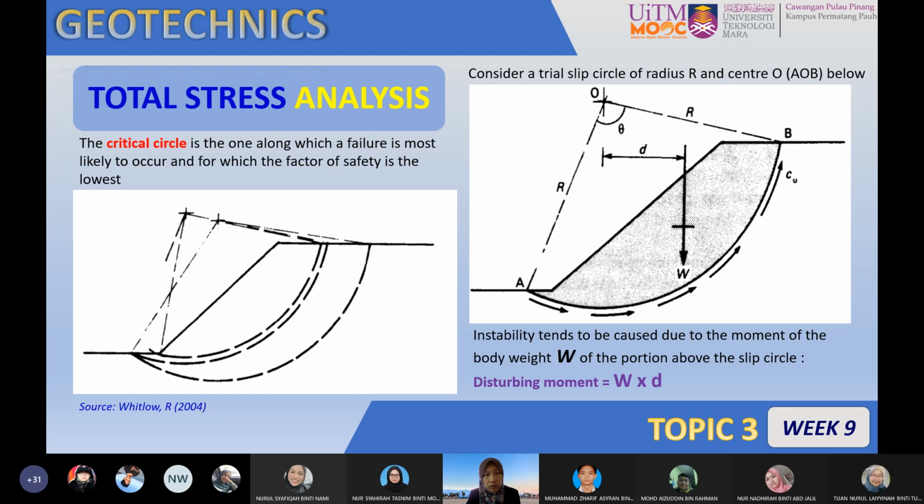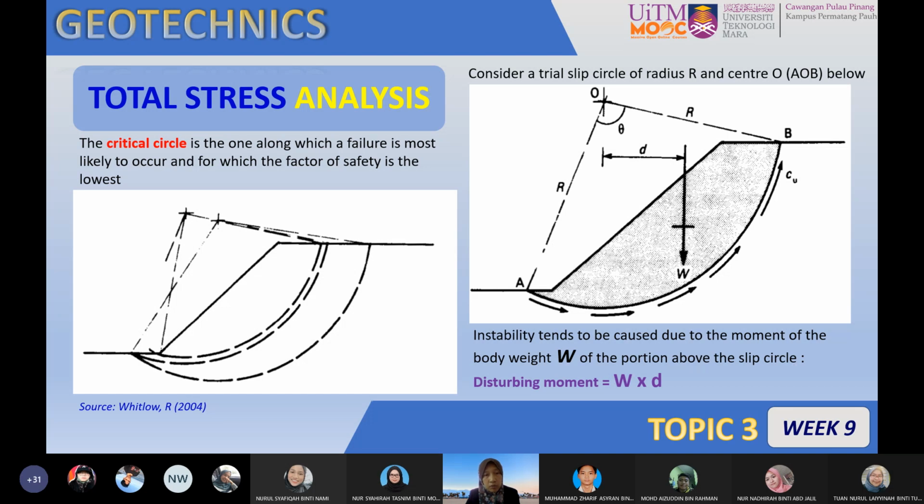If you look at the left figure here, you can see there are many potential slip circles created at this slope, because we are searching for the most critical, or the minimum, FOS.